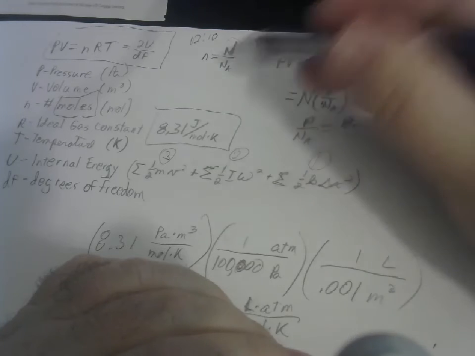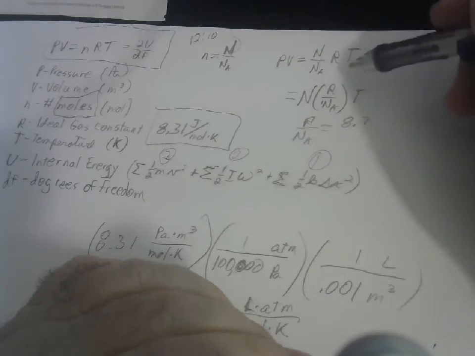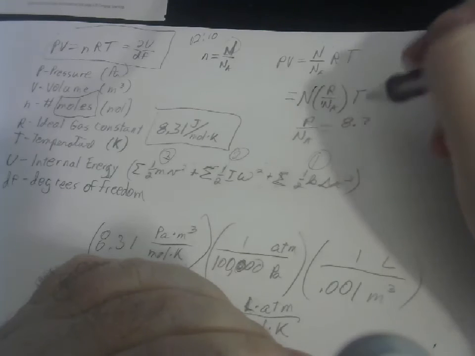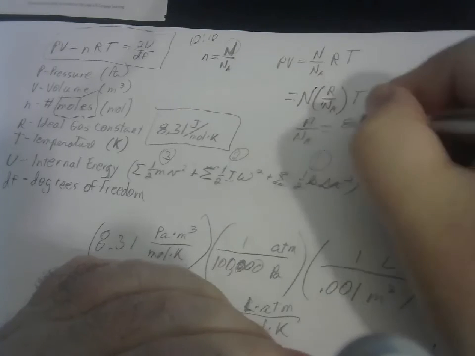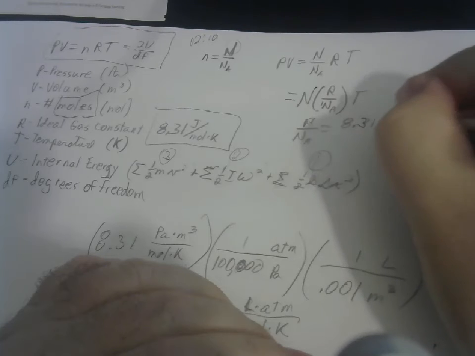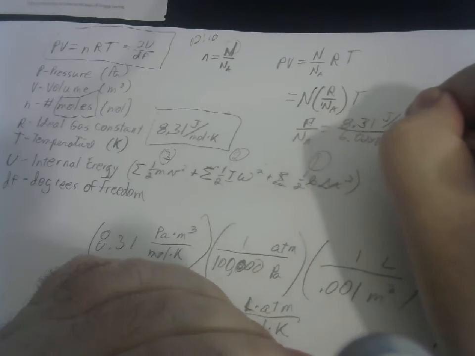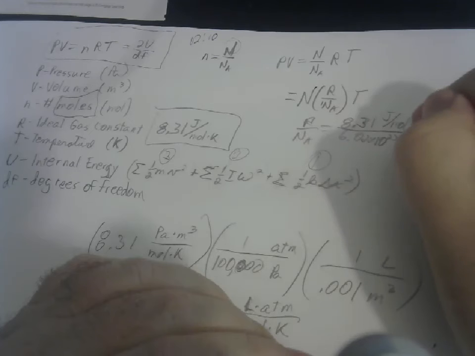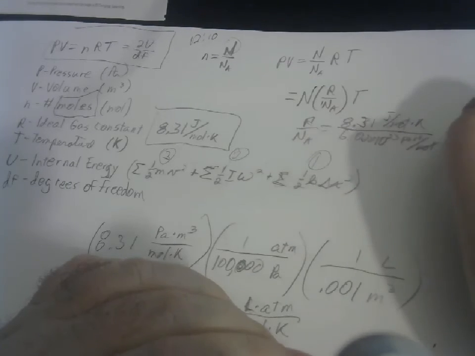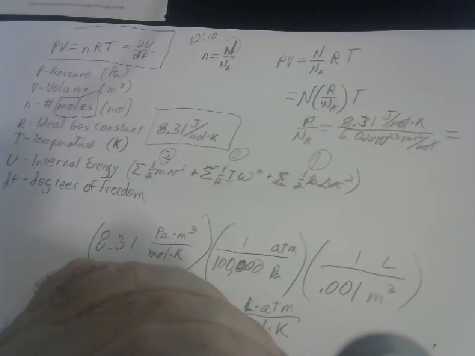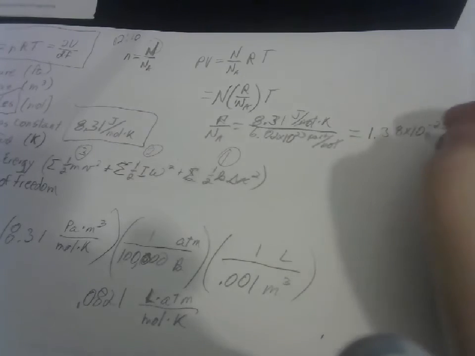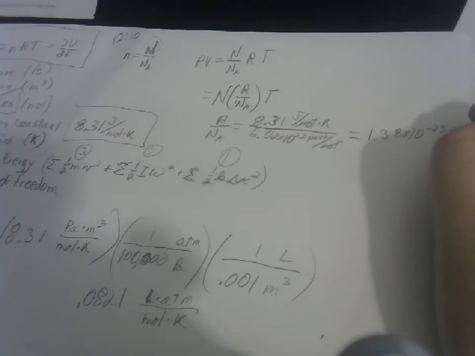So replacing the little n with capital N over N sub A, and then taking those two constants and combining them, I'll get 8.31 joules per mole Kelvin divided by 6.02 times 10 to the 23rd particles per mole, which cancels that out, and we end up with 1.38 times 10 to the negative 23rd joules per particle Kelvin.